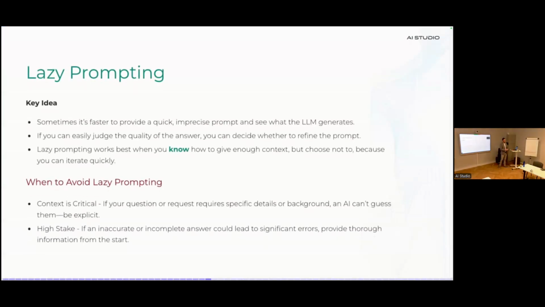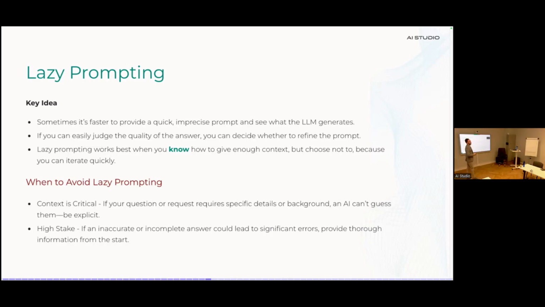But that's just one way. Another way is lazy prompting. We are all lazy in a way, but it only works when you can iterate and understand whether the output is good or not, and just iterate more and more until you get the answer. That's sometimes even faster for IT, especially, you don't have to explain exactly what it has to do.